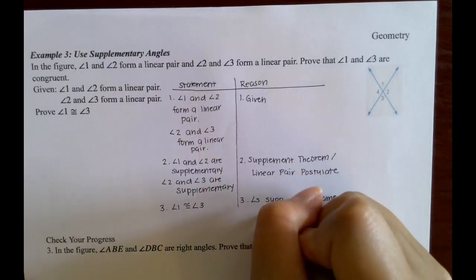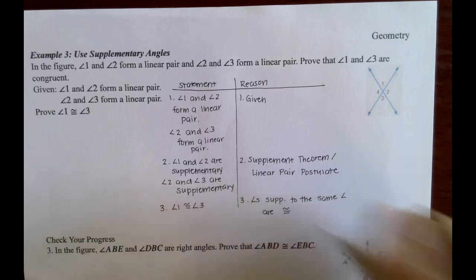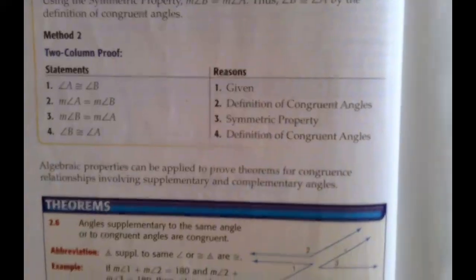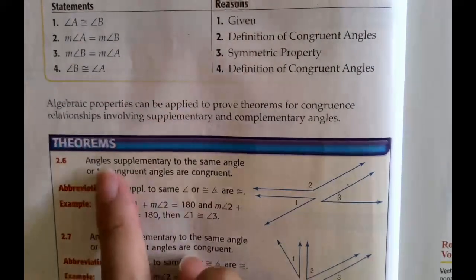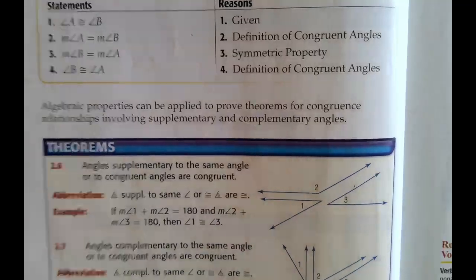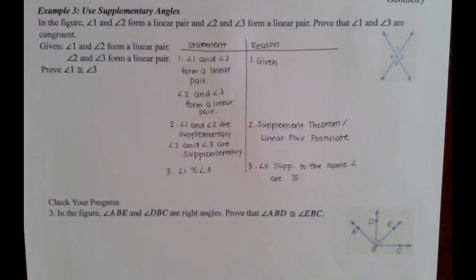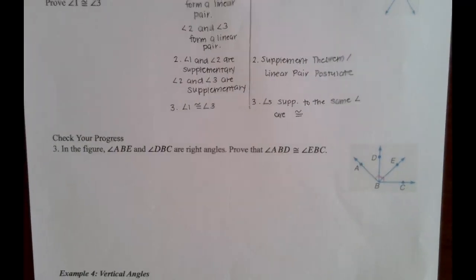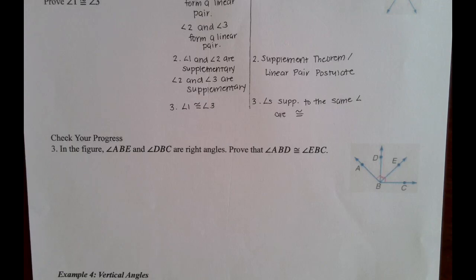You saw they called it 2-6, but again, that means nothing, so you better write out what it means. But here, angles supplementary to the same angle or to congruent angles are congruent. Okay. And since they're both supplementary to angle 2, that means they both have to be congruent. Okay. So I'm going to have you try check your progress 3 and then come check your answer.